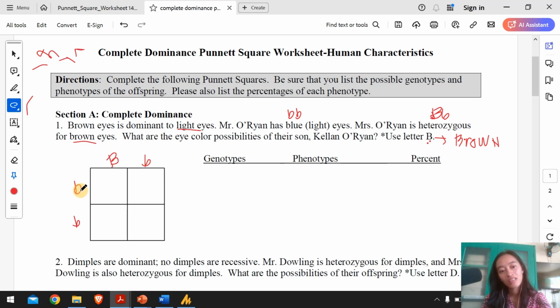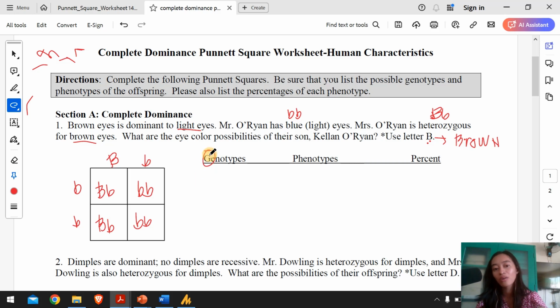Then you make the combinations. Write the big letter first, then pair it. By pair: top, bottom. Then you list down the genotypes.